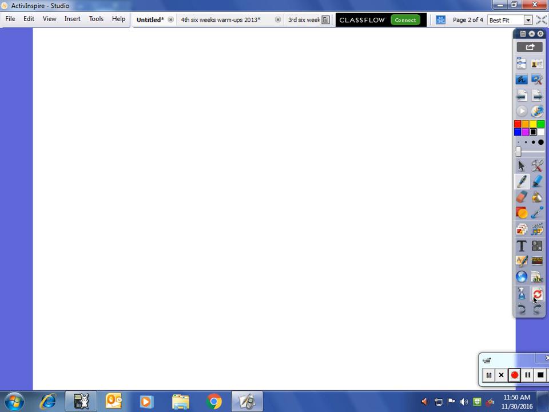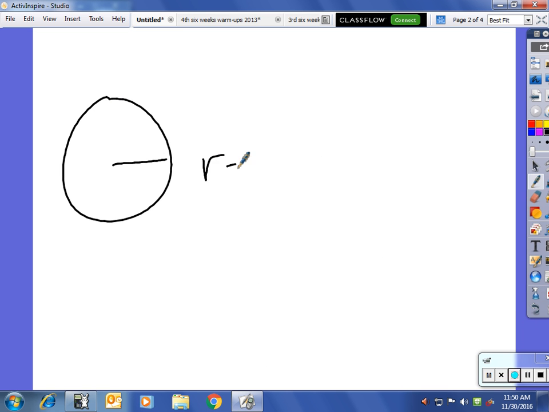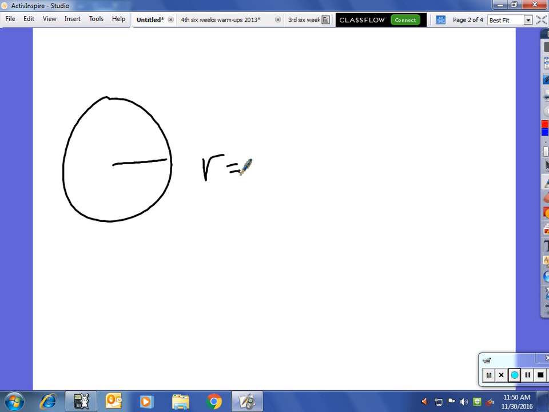Let's do a circle. The radius of this circle is 5x to the 10th. You tell me the area and the circumference.